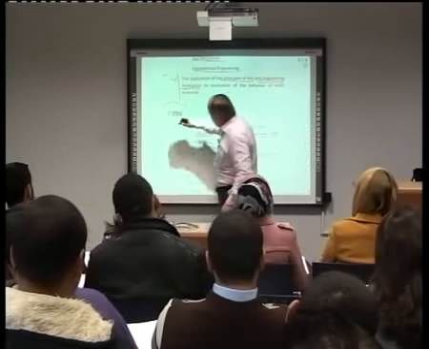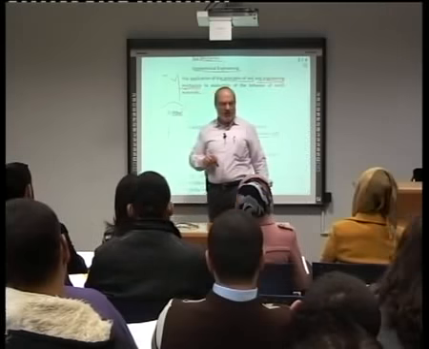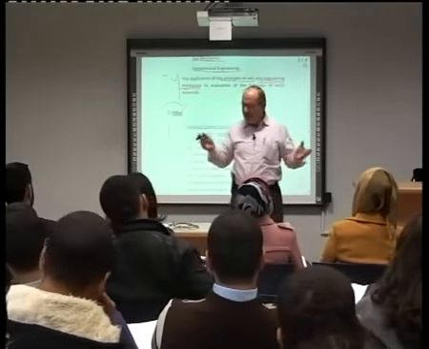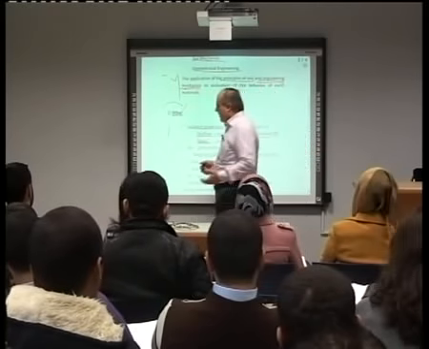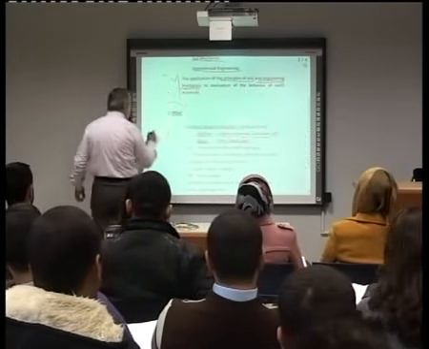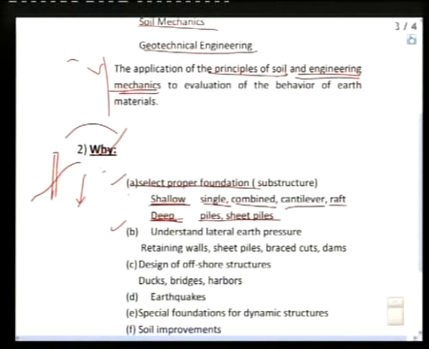Loads are vertical, right? Loads are vertical. That's obvious. But sometimes we have to make cuts to make a retaining wall. Then we have loads here from the side. We call it lateral load. I have to design a retaining structure.